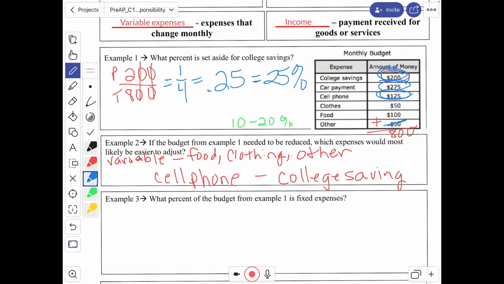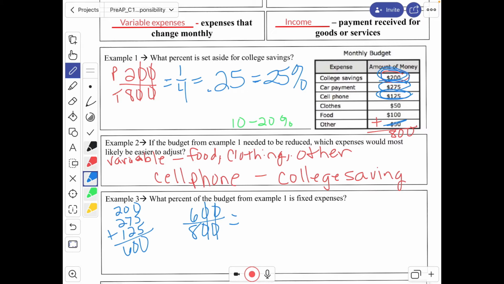And again, don't know what the other is, but that's the miscellaneous expenses, and that might change. So 200 plus 275 plus 125 equals 600 on fixed expenses out of the total, which was 800.